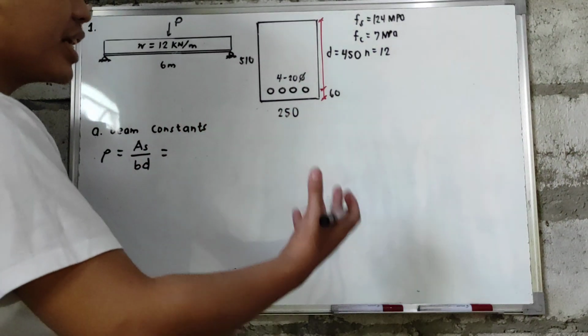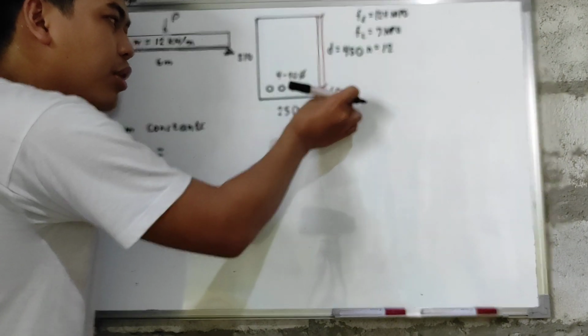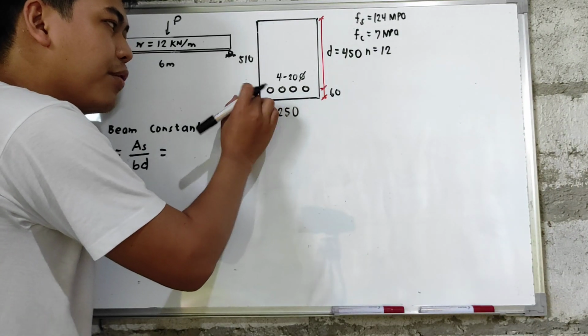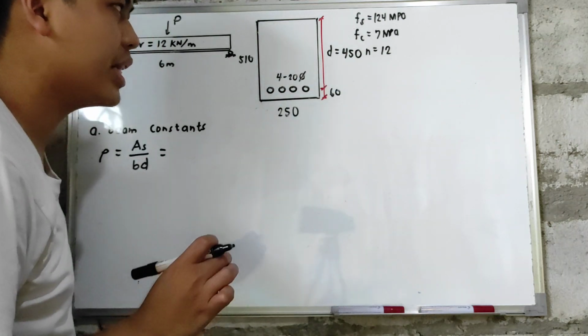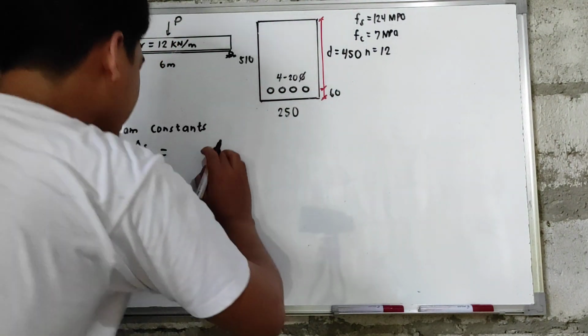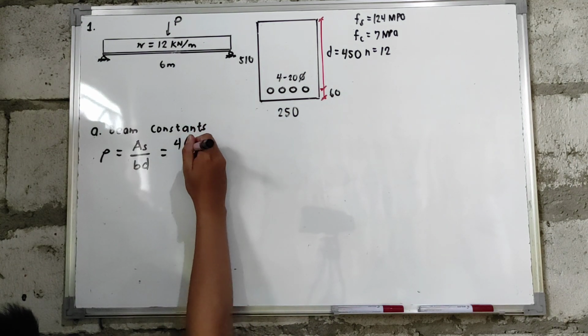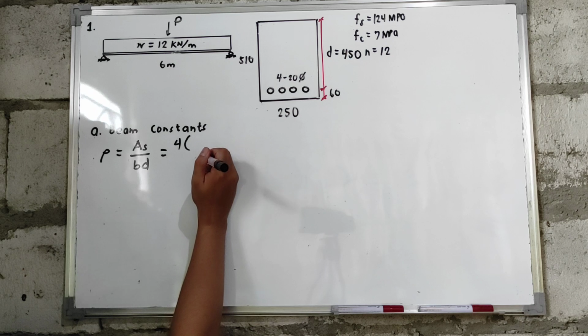So, as I've stated, diba, yung 60 mm na to, it will only serve as yung magiging covering lang ng steel reinforcement natin against rusting. So, yung inias natin, meron tayong 4 na piraso, bakal. So, kunin natin yung area niya.